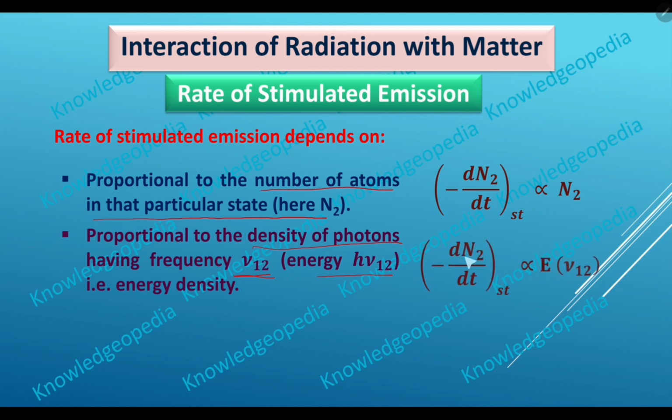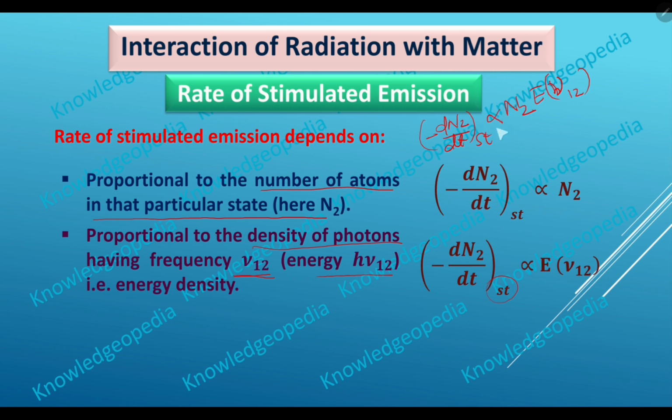So I can write minus dN2 by dt, stimulated emission, is directly proportional to E nu12. If we are incident with more energy, then we will get more transitions, right? So combining these two, minus dN2 by dt, that is stimulated emission, is directly proportional to N2 and E nu12.